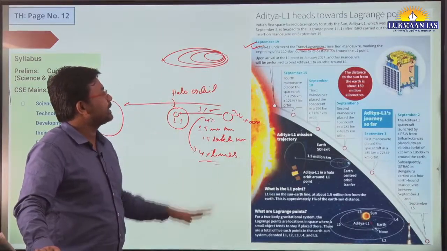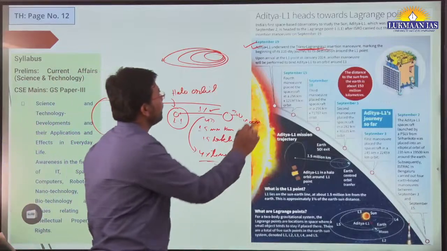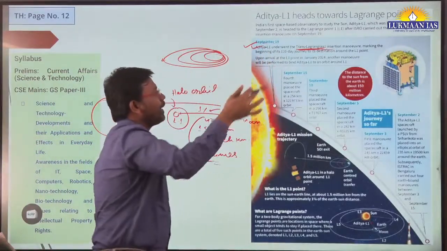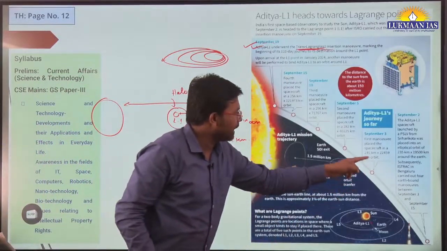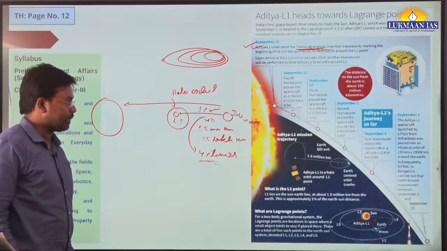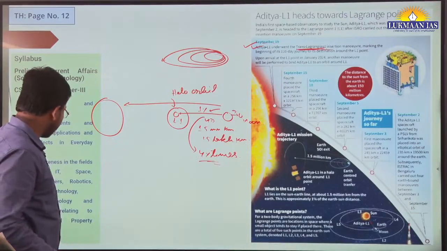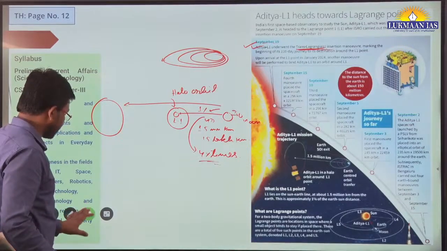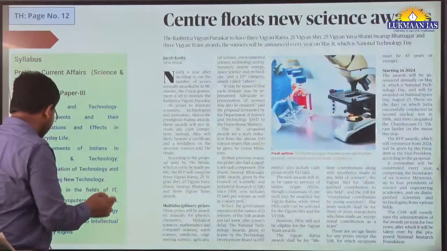In this article they mentioned it because on 19th September, yesterday, we did another orbit raising maneuver. Earlier, multiple orbit raising maneuvers were performed in Aditya L1. So this is an important mission of the Indian Space Research Organization. We want to study what? The sun.